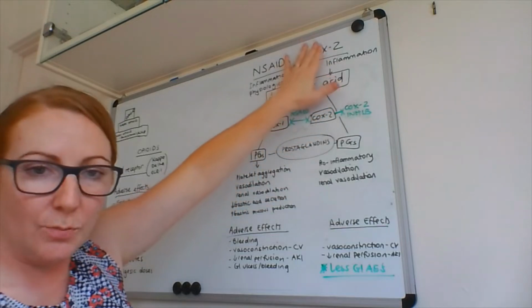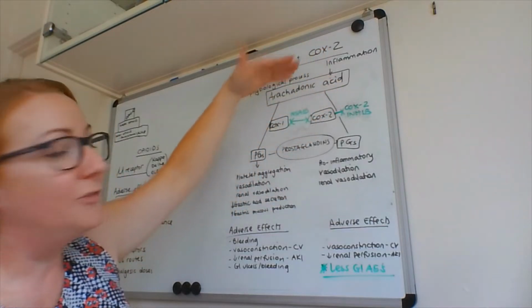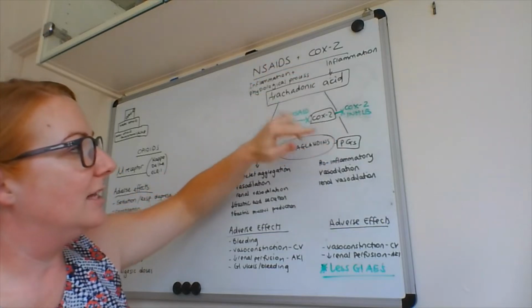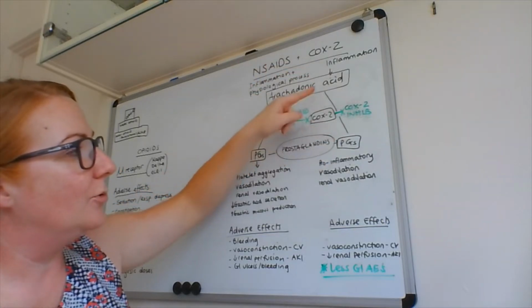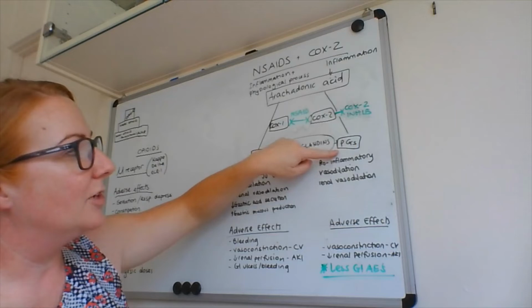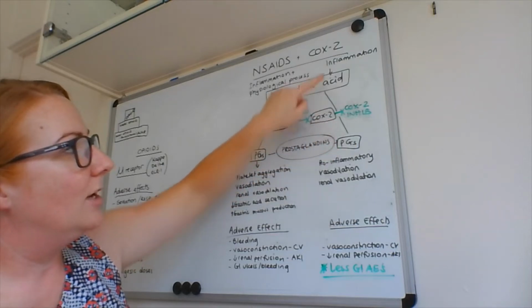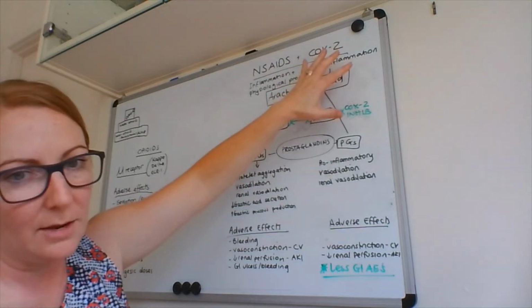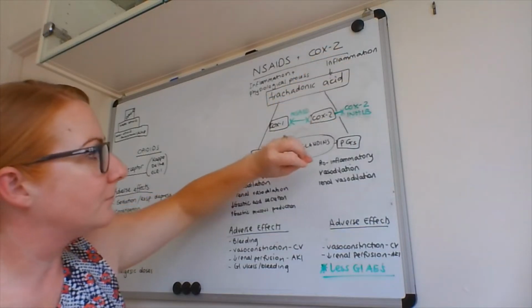The COX-2 pathway is very similar: arachidonic acid to prostaglandins, and COX-2 is responsible for the production of prostaglandins here. In this pathway, it's primarily inflammatory mediated.